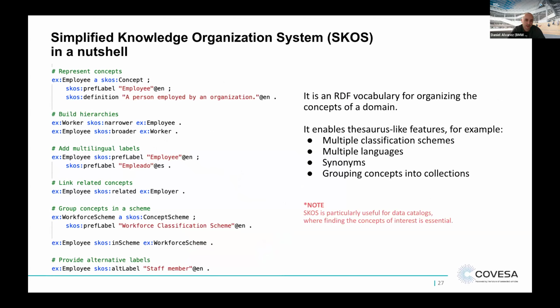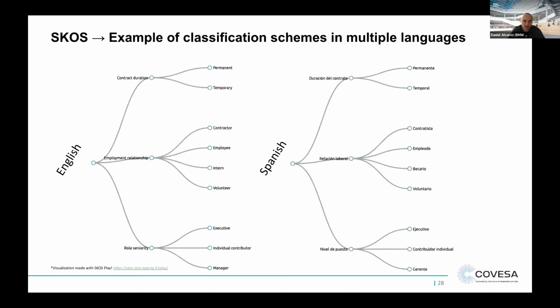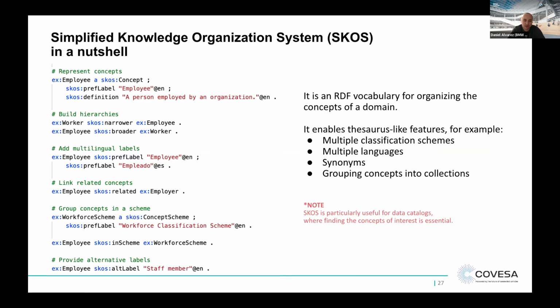So for a concept like an employee, you can classify it in different hierarchies, provide alternative labels in the form of synonyms, and have the same concept specified in multiple languages. All of this is mostly important for data cataloging purposes.